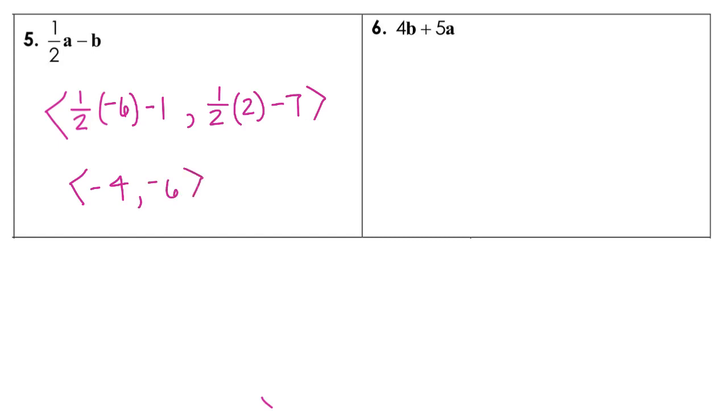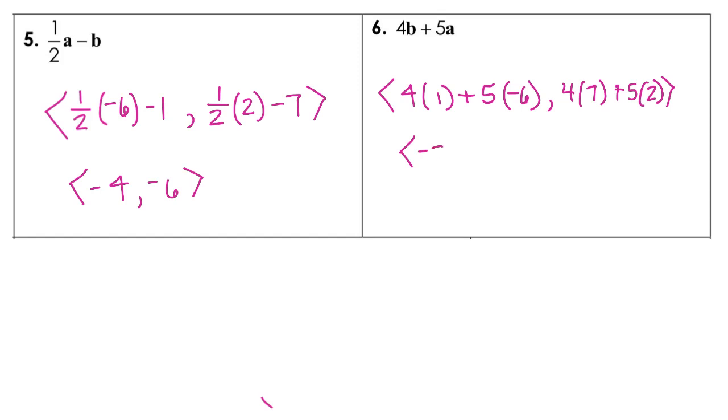And then number 6, we're going to have 4 times 1 plus 5 times negative 6, comma, and then 4 times 7 plus 5 times 2. And so that resultant there is going to be negative 26, comma 38.